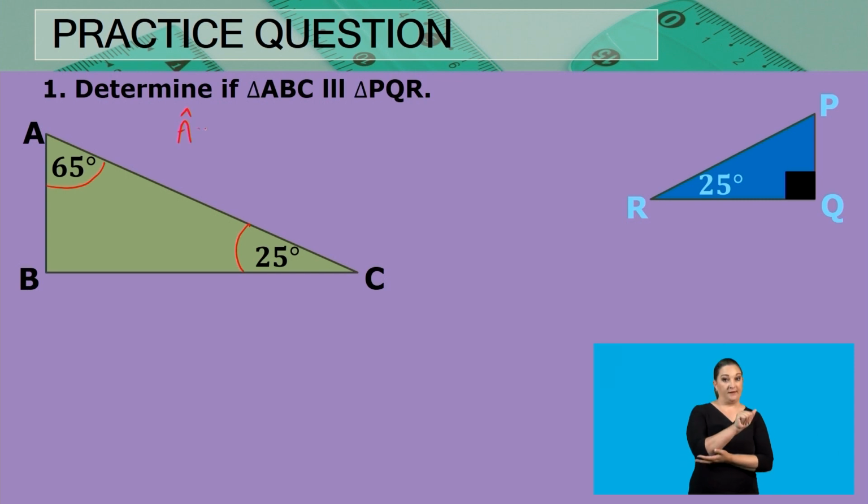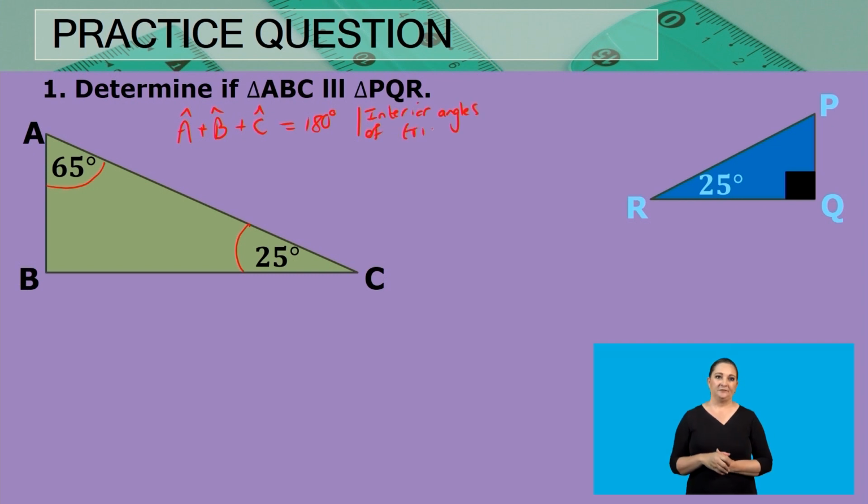Angle A plus angle B plus angle C is equal to 180 degrees, because they are the interior angles of a triangle. So angle A is 65 degrees, angle B is unknown, and angle C is 25 degrees.